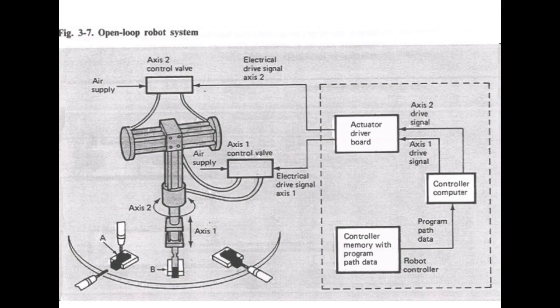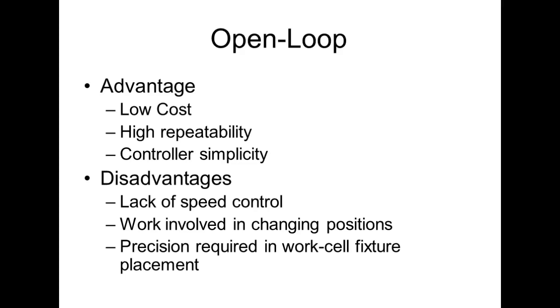Now, if I'm going to a closed loop system, it's going to add a lot more to the price of the robot, because now we're adding sensors and a section on our controller that monitors those sensors. So here's the advantage of open loop. You can't say it's not highly repeatable, because it depends on those hard stops. Those hard stops are very accurate. And like I said, there are automated machines that have been around for years that depend on hard stops.